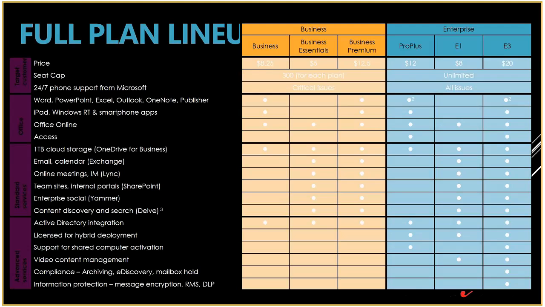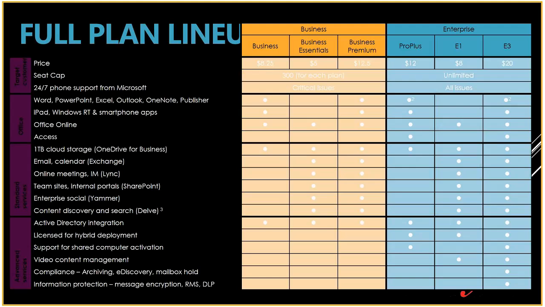And for either the Business Premium, Pro Plus, or E3, any of the licenses that includes that Office, number one, you'll be able to upgrade to the next versions of Office every time a new version comes out, and whoever has that license assigned to them can install Office on up to 5 devices.